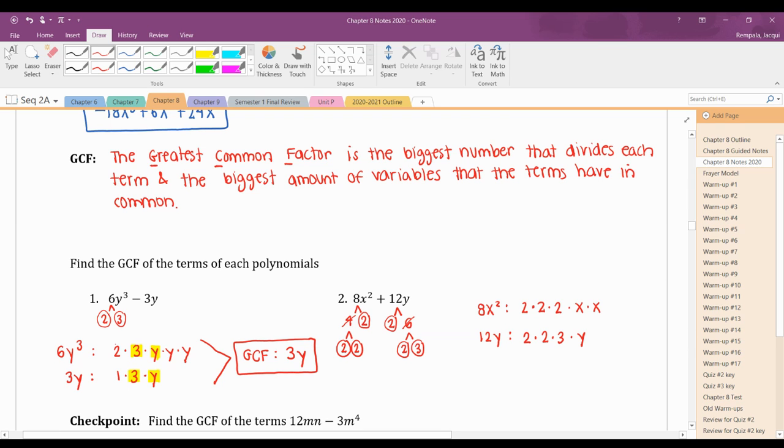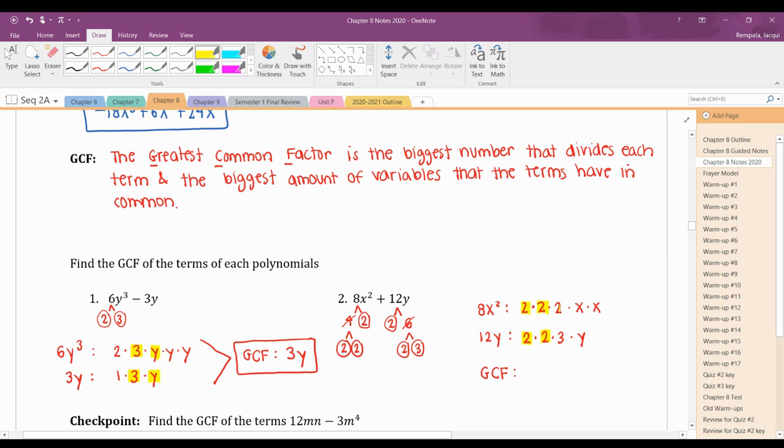Okay, so remember, I want to figure out the GCF. What do they have in common? So I'm going to start with my numbers. I see that they have a 2 on the top and a 2 on the bottom. So they have 1, 2 in common. They have another 2 on the top, and they actually have another 2 on the bottom. So I get to highlight a second set of 2s.